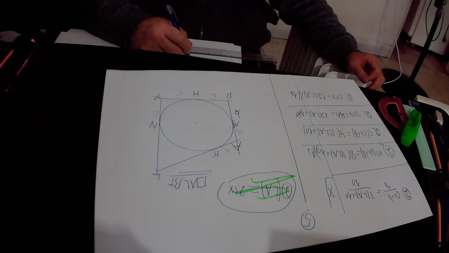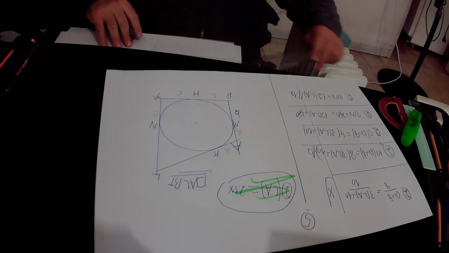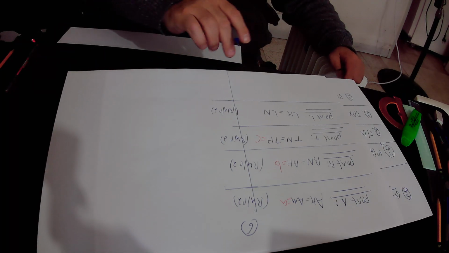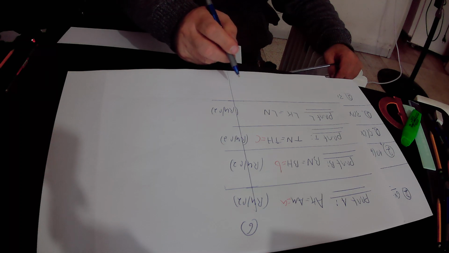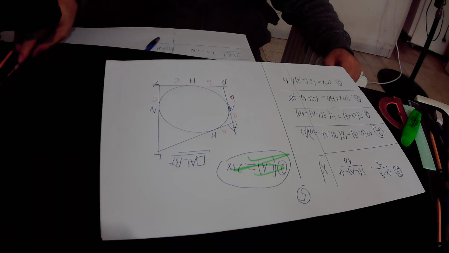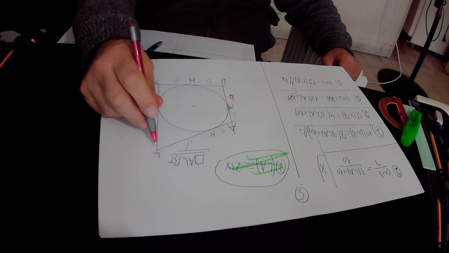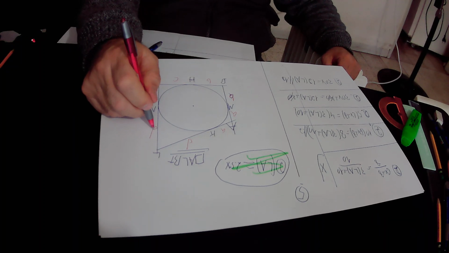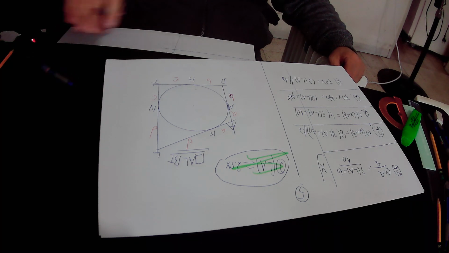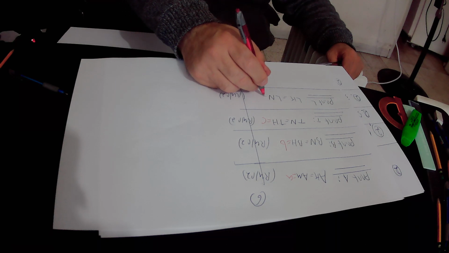That is to say, LK equals LN according to the same rule, rule 2. So if we define the length of tangent LK as D, then the length of tangent LN must also equal D because they are equal to each other. So we can find out that LK equals LN equals D.